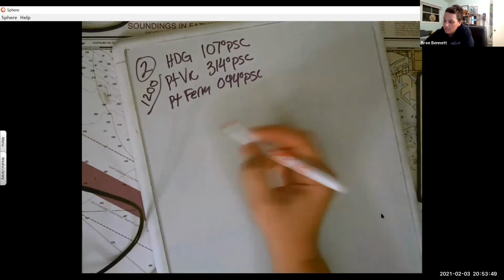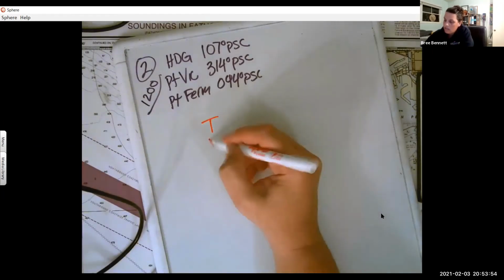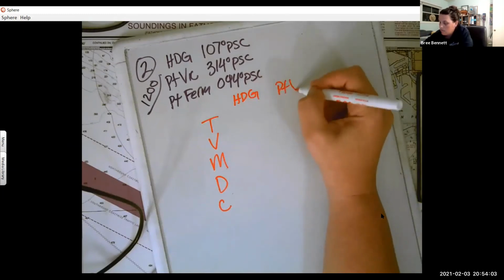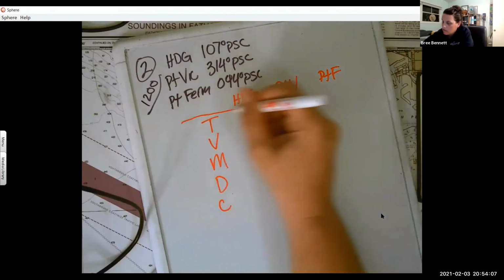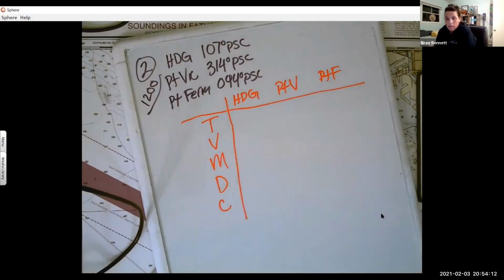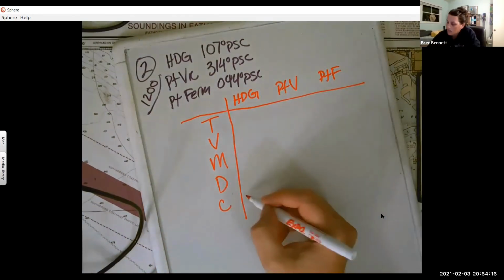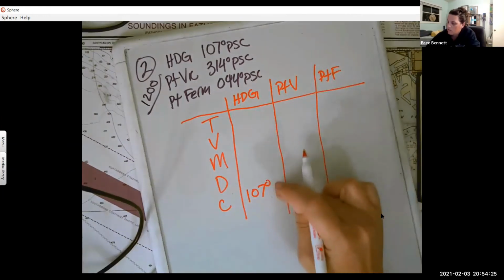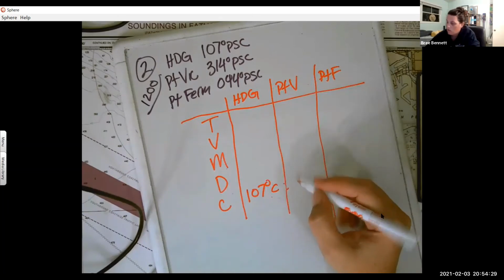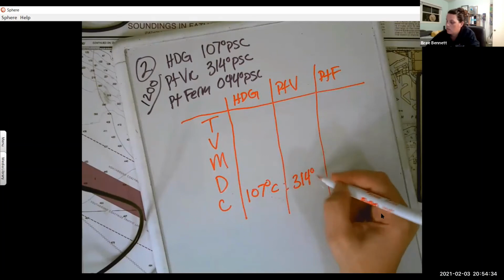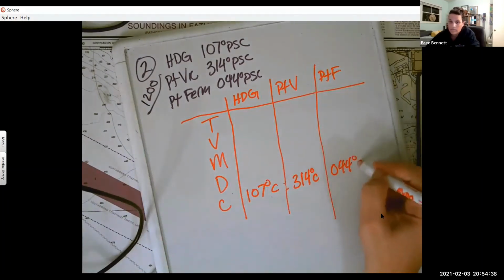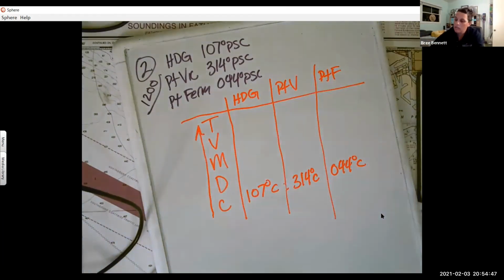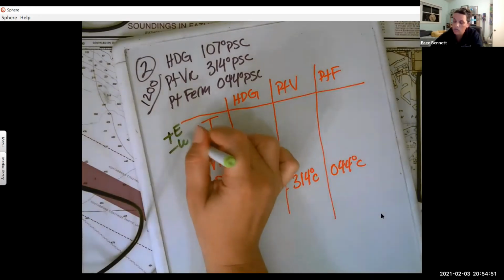Okay, so I make my table. True, E, M, D, C, and we have heading, point B, point F. So if we're starting at C and working our way up, we are going to be adding east, subtracting west.